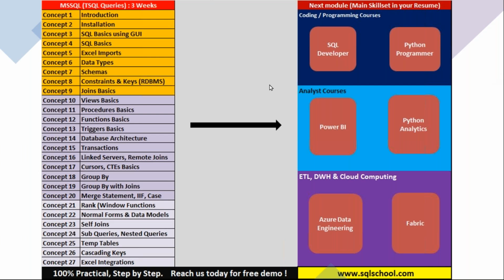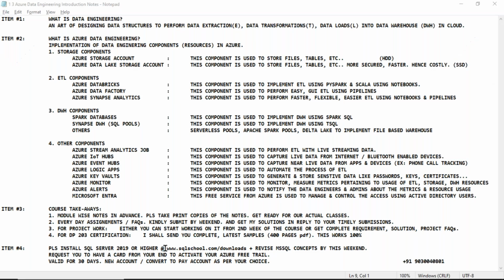What about practice? For lab work, I request you to have a card from your end to activate your free trial, either a debit card or credit card, to start your practice from tomorrow.